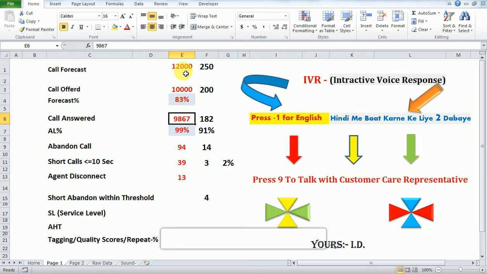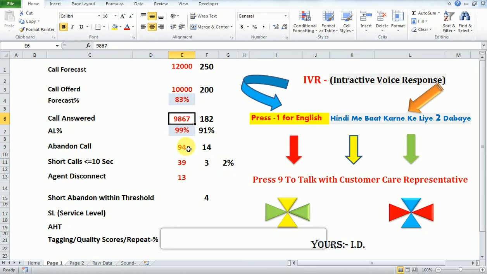Only 9,867 calls were answered by the people who were ready to take calls, and the rest of the calls were abandoned. Abandoned means the calls which are not answered by the customer care executive because he was busy or whatever.